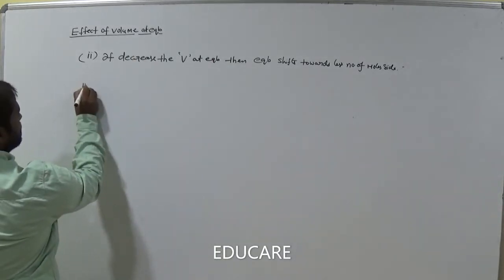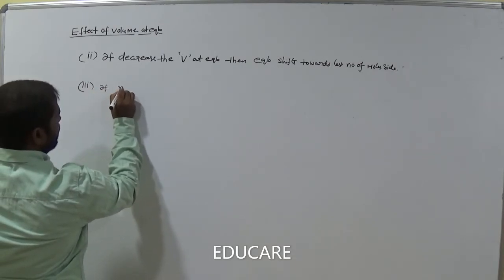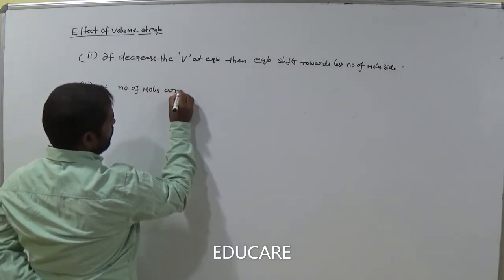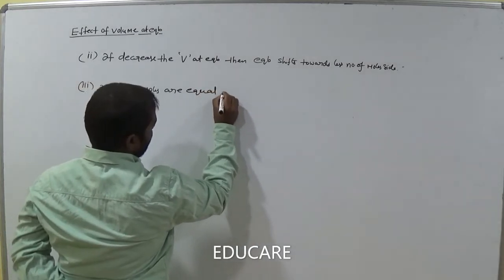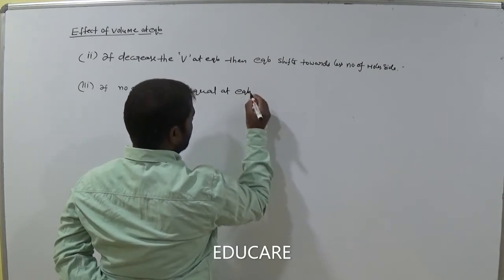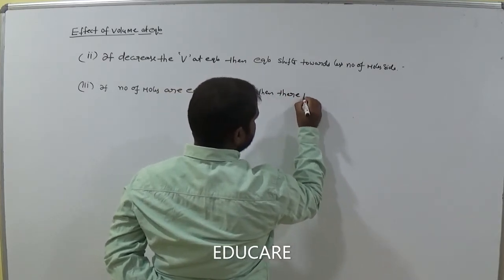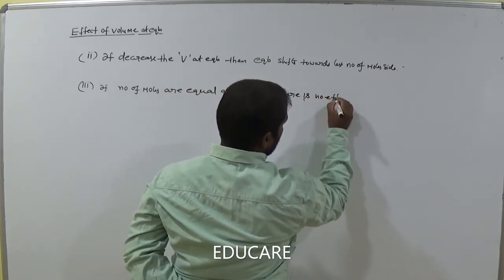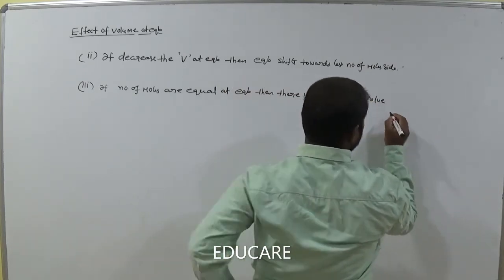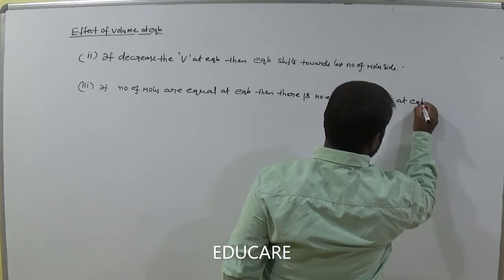In the third case, if number of moles are equal at equilibrium, then there is no effect of volume at equilibrium.